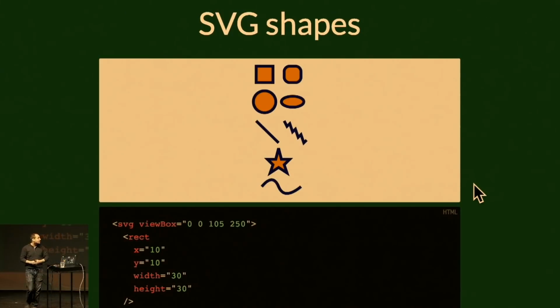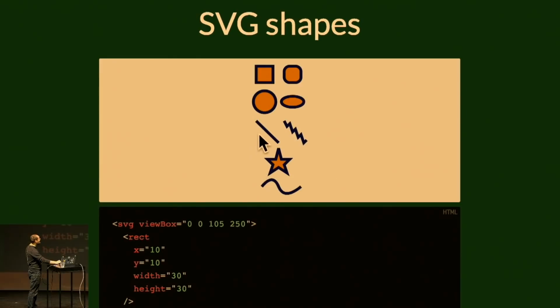Now, SVGs can also have a lot of different shapes. Unlike the squares and circles and triangles and straight lines, we can build these wavy lines that go in all different directions. These are polylines. We can make shapes with sides, polygons, and we can even make really curvy lines.